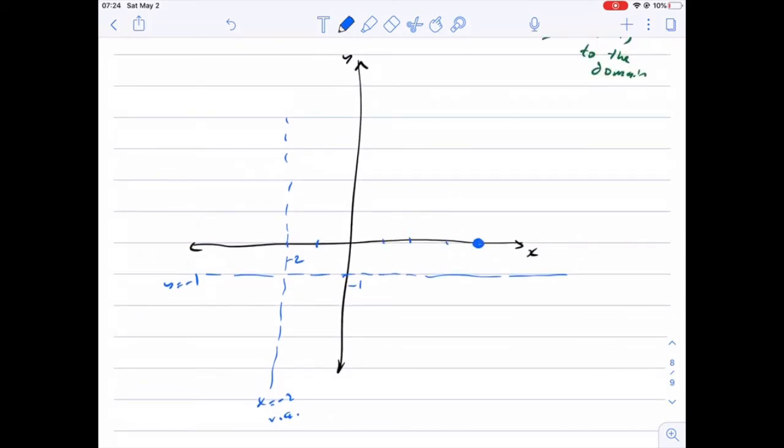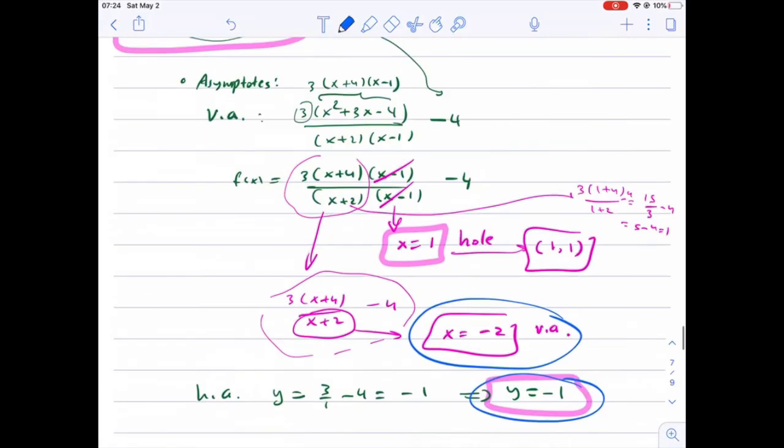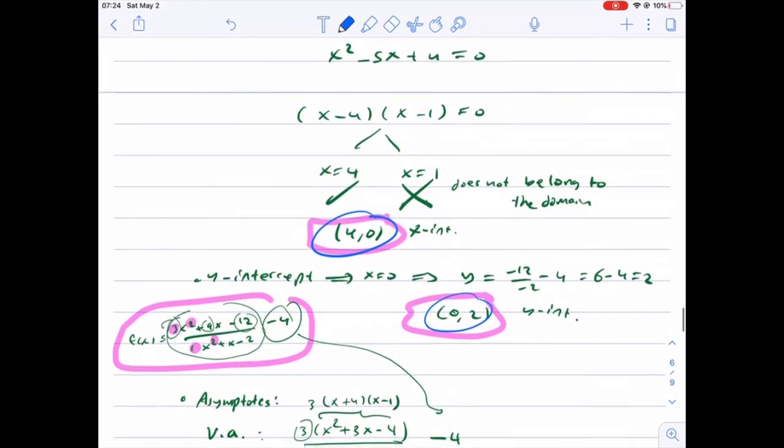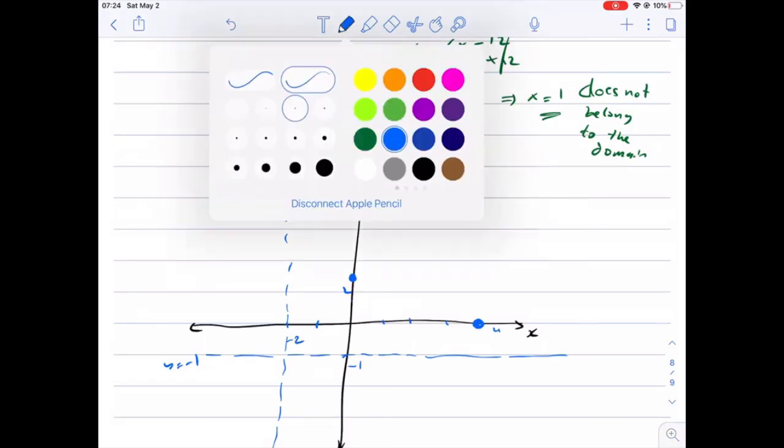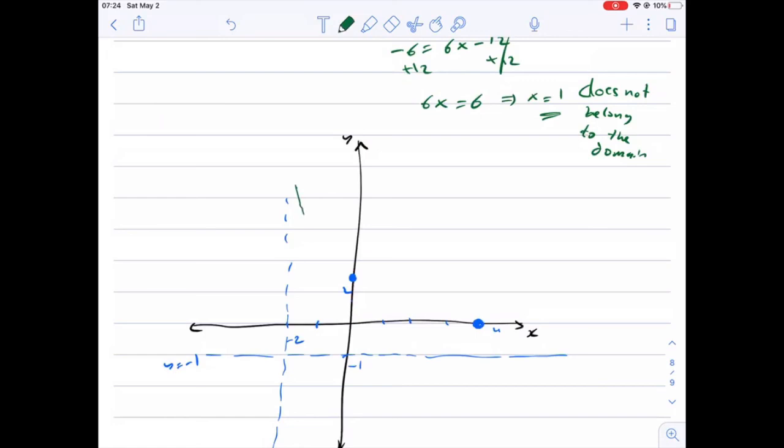This point here, 4, 0, and 0, 2. 0, 2 is here. So the graph looks like this from here. Let's use a different color. The graph looks like this here.